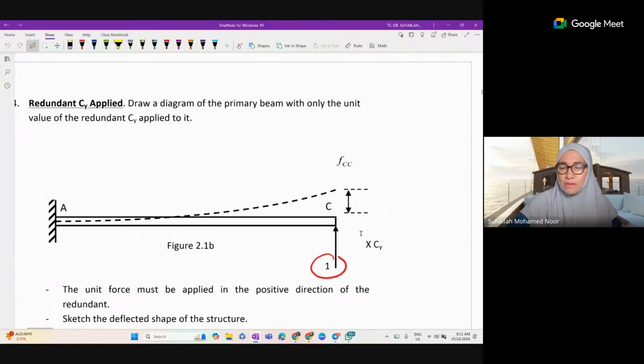Due to a unit value of CY, the delta is changed to FCC. For all redundant systems, the displacement or the rotation we label as FCC. So FCC is the displacement or deflection at position C for the redundant beam due to a unit value of CY.